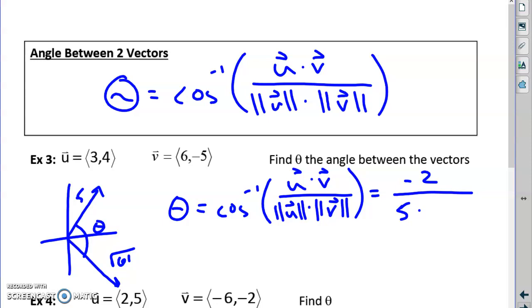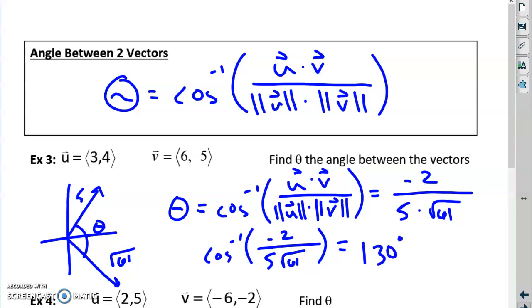I'm going to leave it like that because it's going to go right in here. And now I'm going to take the cosine inverse of that. Cosine inverse of negative 2 over 5 radical 61. In my calculator, the angle theta equals, to the nearest degree, 130 degrees.